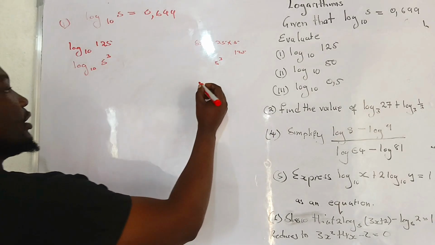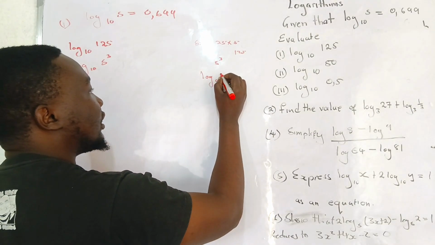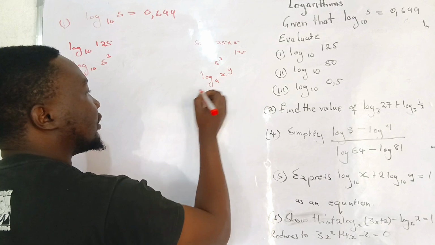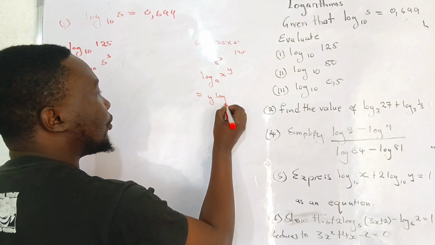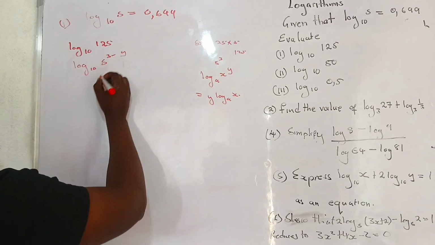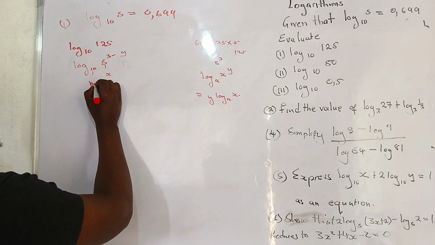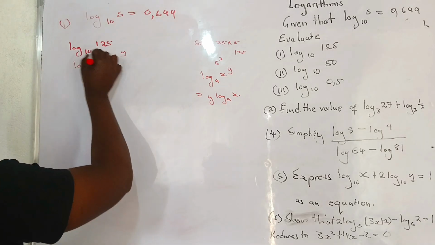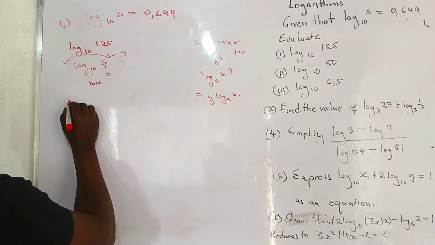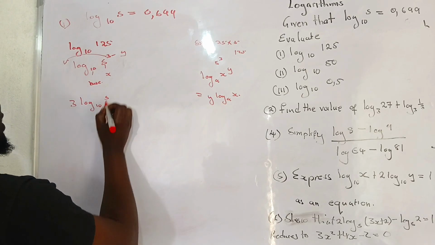Remember the law of logarithms, which states that log base a of x to the power y is equal to y log base a of x. So this being our y, and this being our x, and this being our base, we bring down 3 here. So 3 log base 10 of 5.